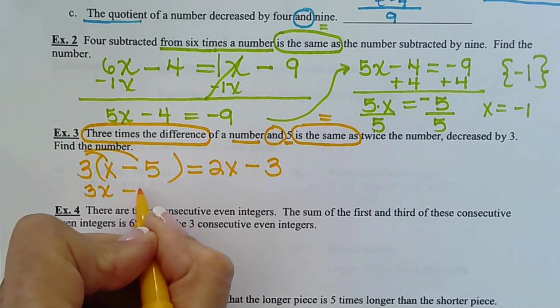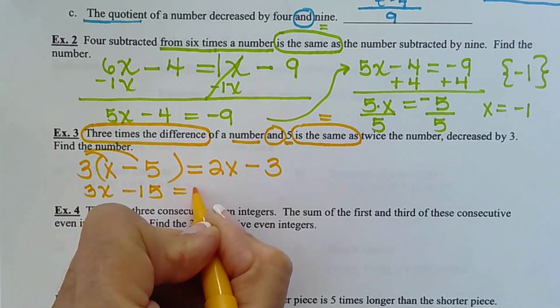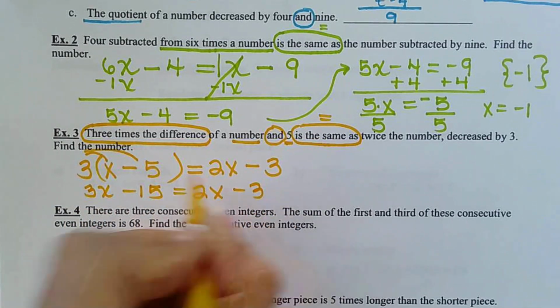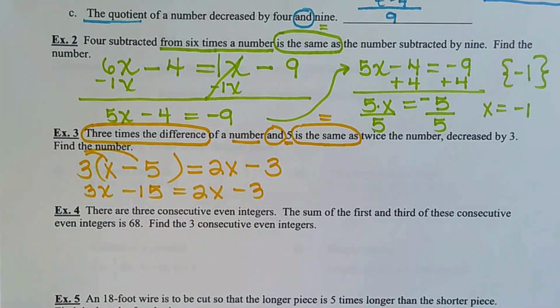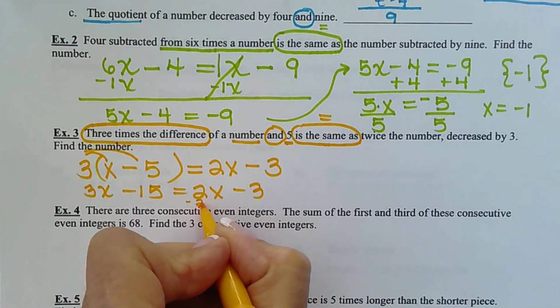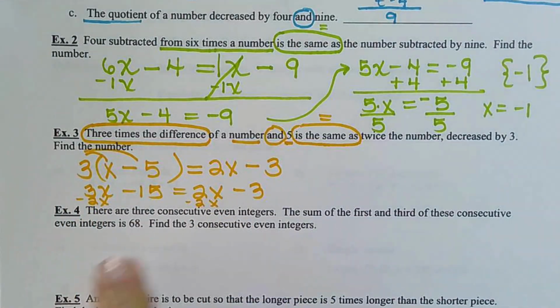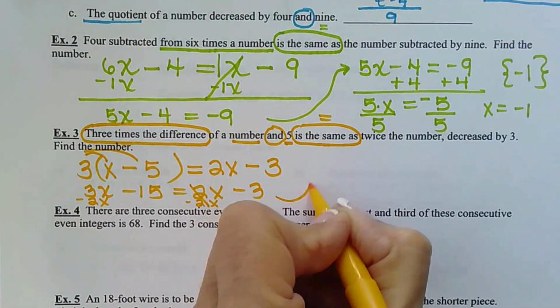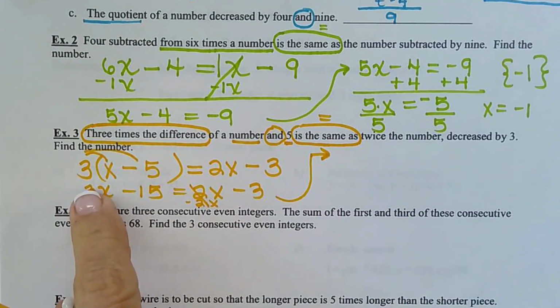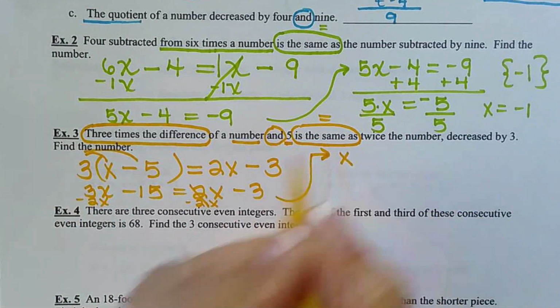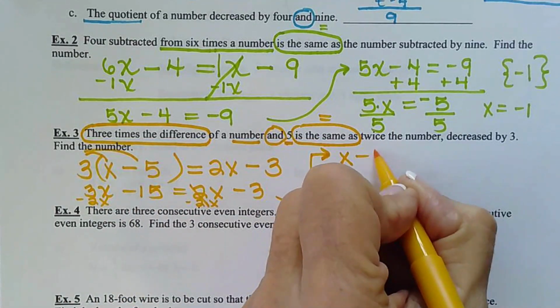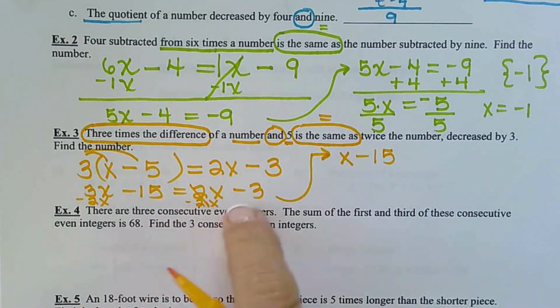So 3x minus 15 equals 2x minus 3. We always have to clear parentheses first, and all x's go on the left. So we have to cross the equal sign to get that over there. So do the opposite. And that's going to leave us with 1x, or just x, minus 15 equals negative 3.